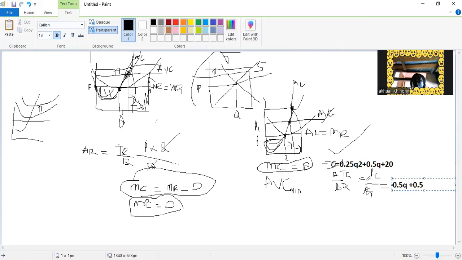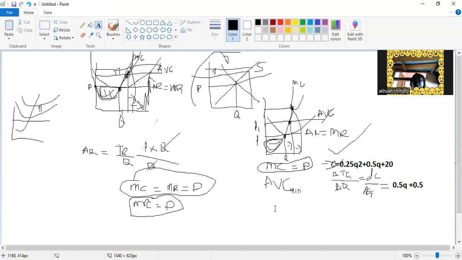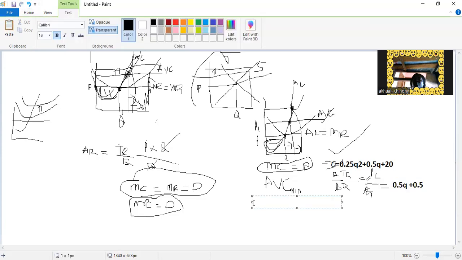So this will be our marginal cost. Now we have to equate our marginal cost to the price. Our marginal cost, 0.5Q plus 0.5, is equal to P.